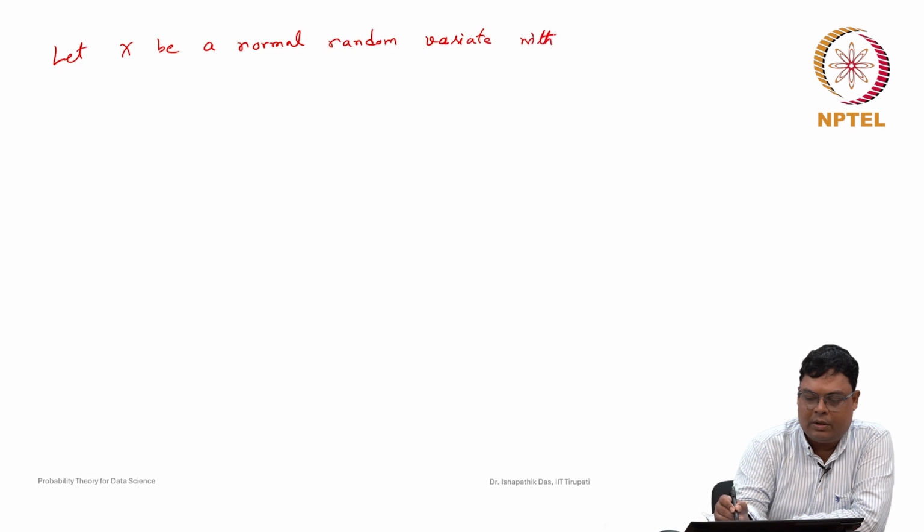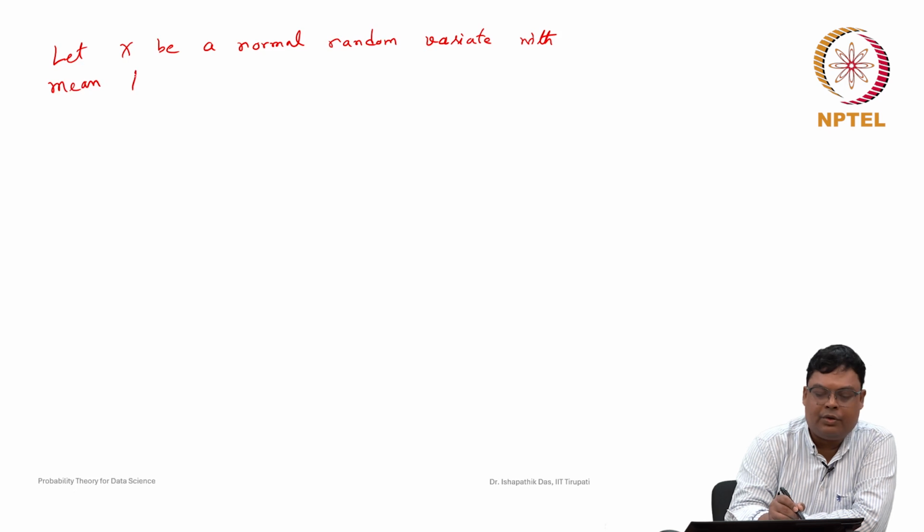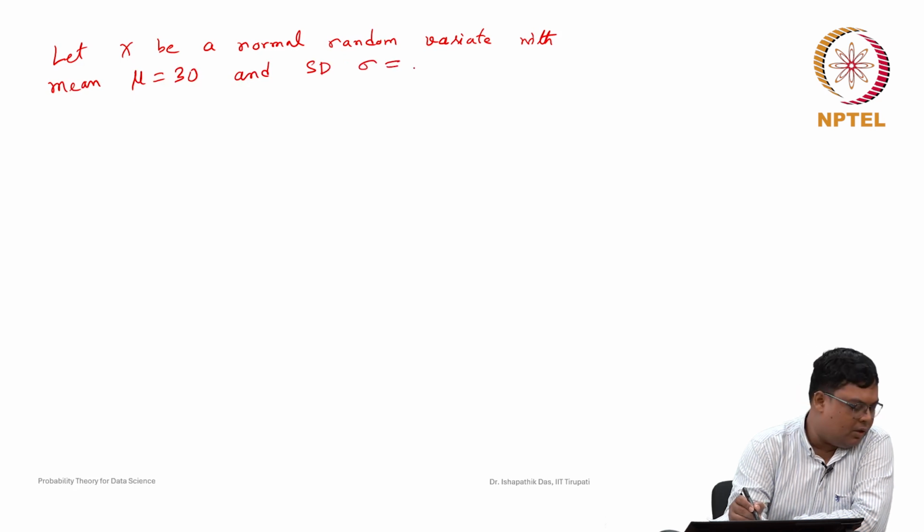Let x be a normal random variate with mean mu equal to 30 and standard deviation sigma equal to 5.